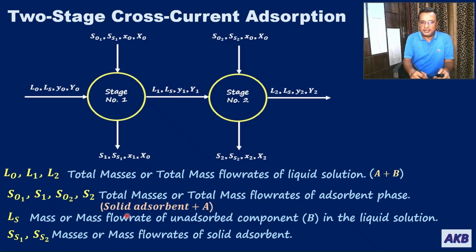Out of solid adsorbent and solute, which form the adsorbent phase, SS1 and SS2 represent only the solid adsorbent. Masses if it is a batch operation, mass flow rates if it is a continuous operation.